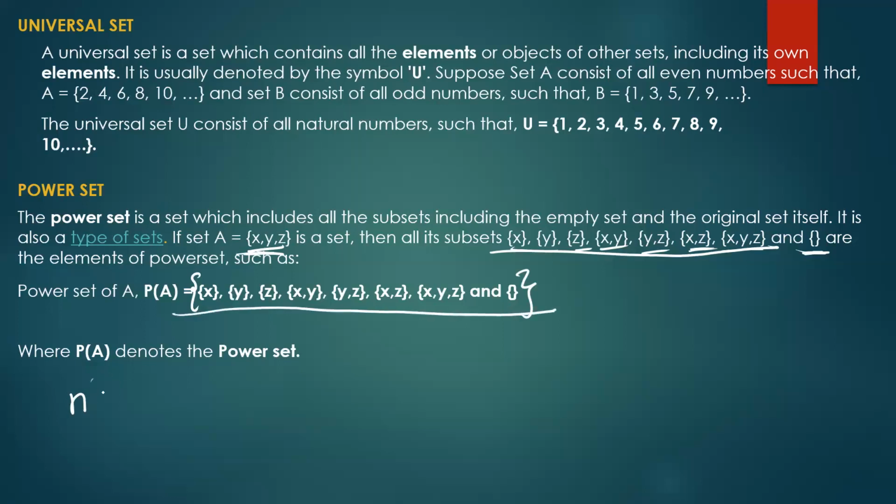And then the cardinality of the power set of A is the one for which we use the formula 2 to the power n. This n represents the number of elements in the set A. So the cardinality is simply the number of elements that you have in the power set.